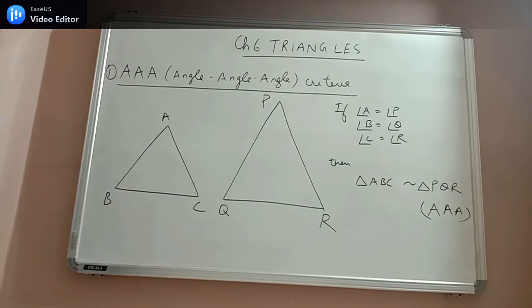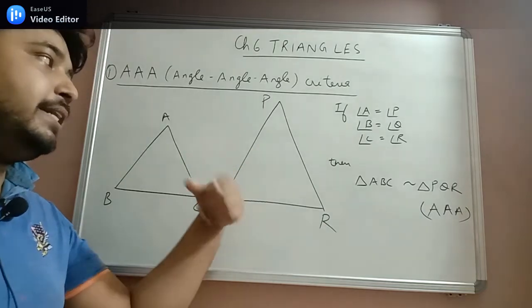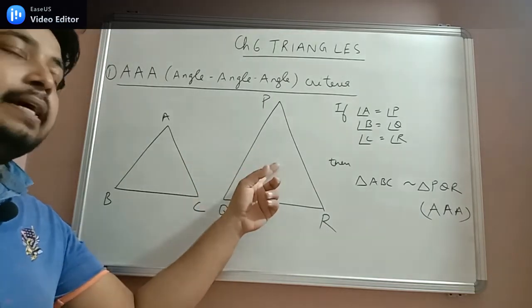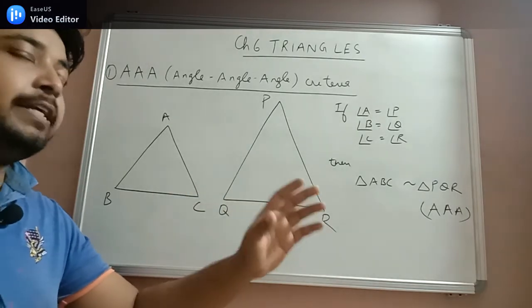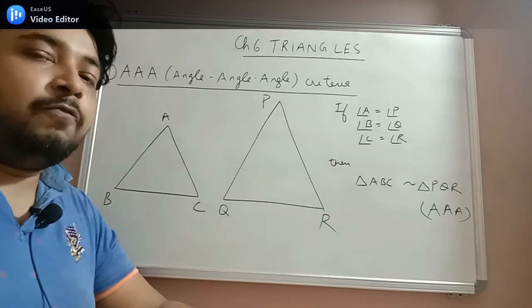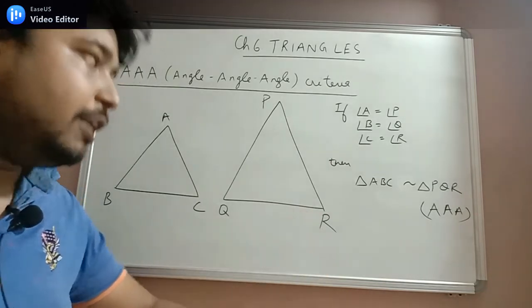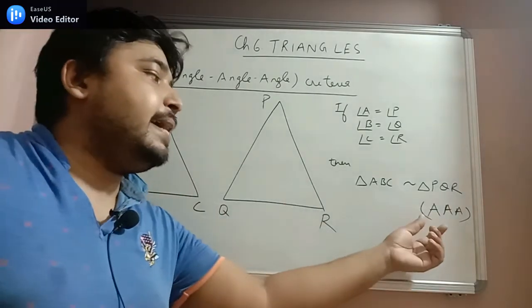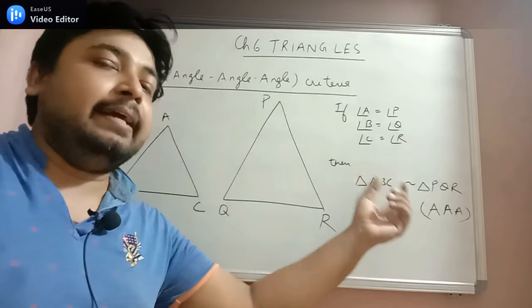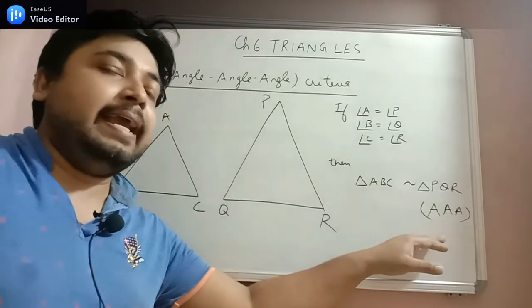Now as we already know, if two angles of a triangle are correspondingly equal to two angles of another triangle, then the third angle will automatically be equal, according to the sum of all the angles of a triangle being 180 degrees. So therefore, we can also call the AAA criteria the AA criteria.